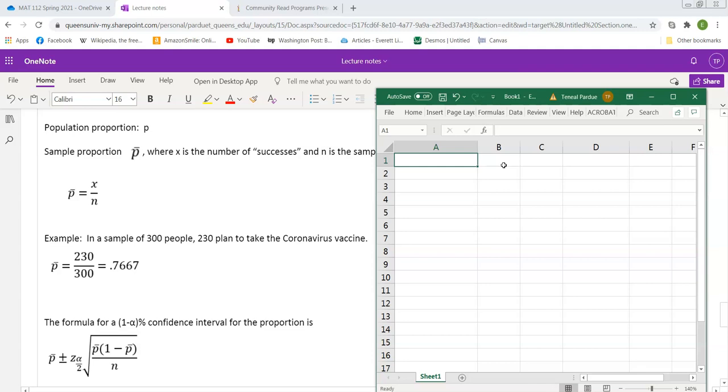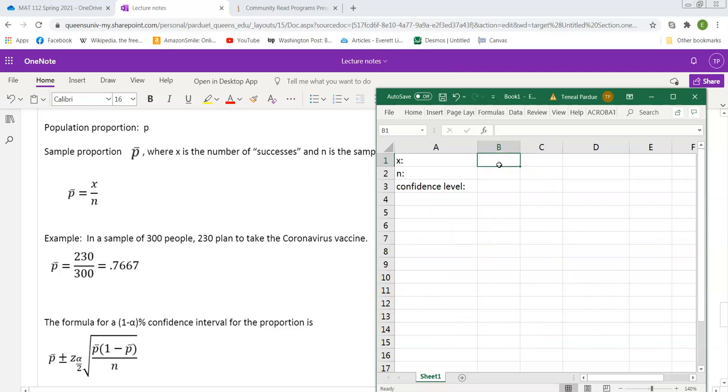So we are going to set it up where I think of it as being the user, whoever's using the template, which in this case is just going to be you, is going to input your X, your N, and your confidence level. And then it's going to give you everything you need from there.